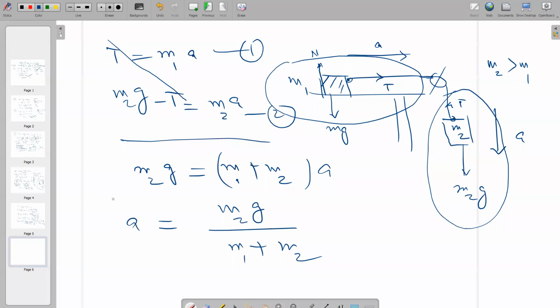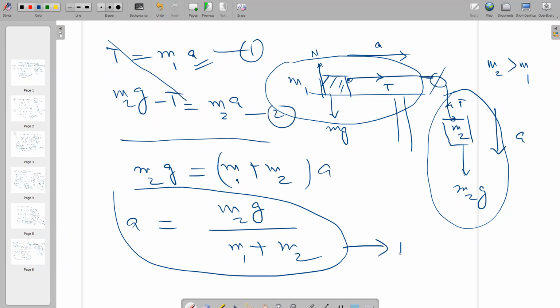This is the formula for acceleration. Now you can put this value of A here and find the value of T. The situation here is different from the previous one: one body is moving horizontally and the other body is moving vertically.